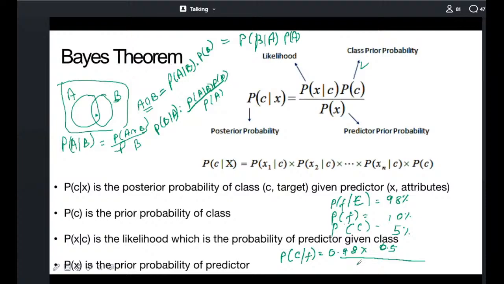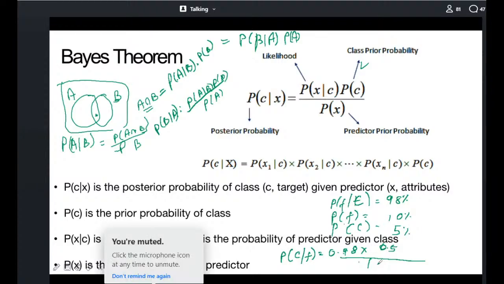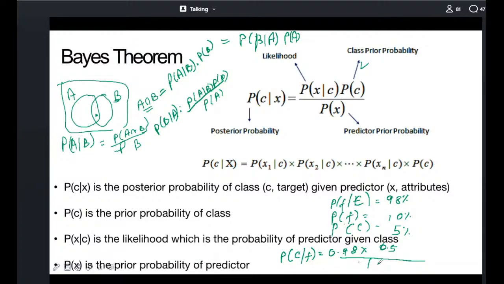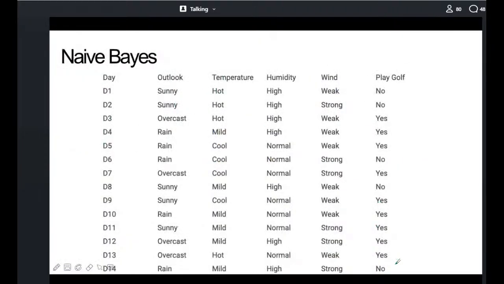This will be the probability that a person who is having a fever is a COVID patient or not. That is the difference. If I say P fever given COVID and P COVID given fever: if a person has COVID, 98% is the probability that he will have a fever. But if a person is having a fever, if you solve this, you will get around 49%, 50%, that he will have COVID.